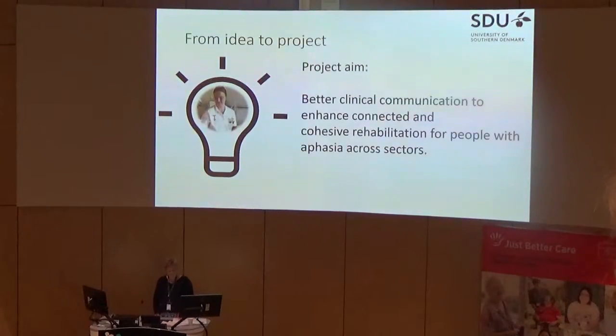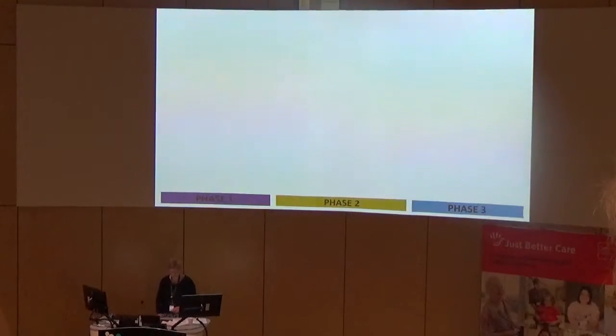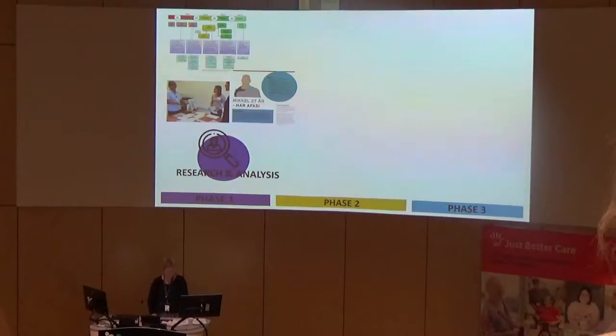That could potentially include partner training and other things, improving communication and accessibility, depending on what we, together with our co-designers, in this case people with aphasia, family members and health professionals, would suggest and design. The overarching method is participatory action research, lending from areas such as ethnography and user-centered design.